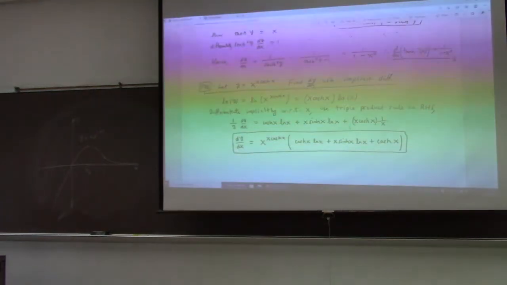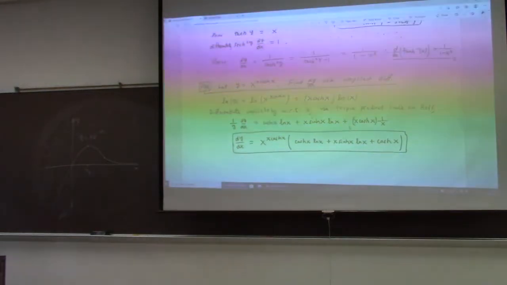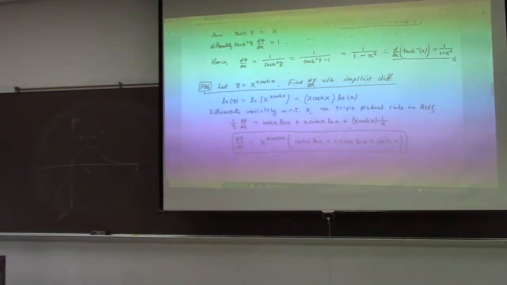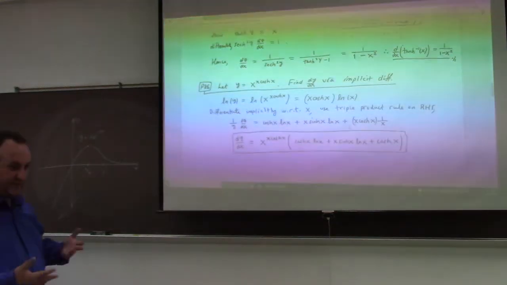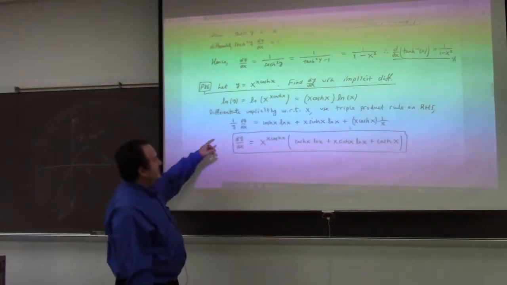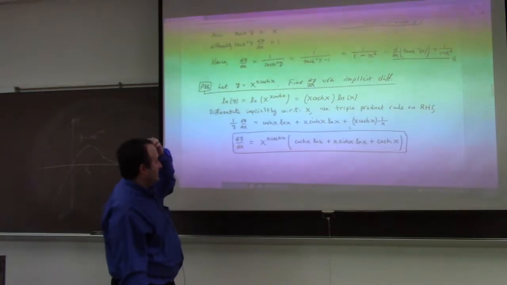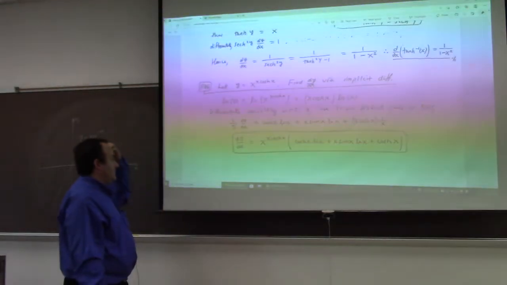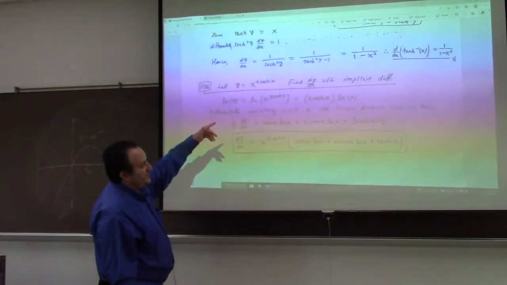There's also problems like this, where you have no choice but to use implicit differentiation because we don't have rules of differentiation for x to the function of x. There's no differentiation rule for that except to do implicit differentiation. So you set y equal to the thing, you take the natural log of both sides because that's how to deal with this kind of thing. Natural logs turn powers into products.